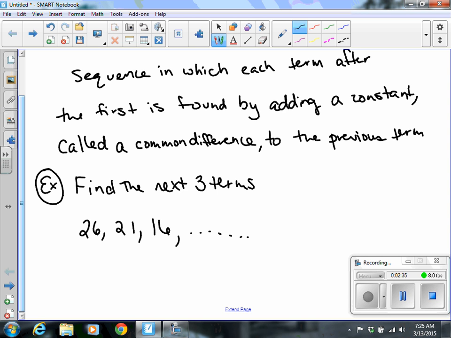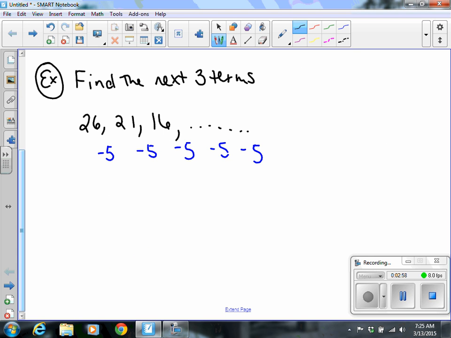Well, I'm going to look at this and say, okay, 26 is my first term. To get 26 to 21, I'm minusing 5. To go from 21 to 16, I'm minusing 5. So I'm going to keep that pattern until I get my next three terms. So my next three terms are going to be 11, 6, and 1.